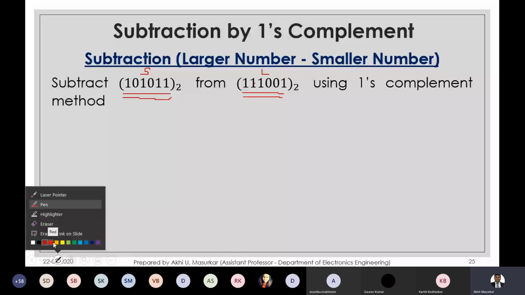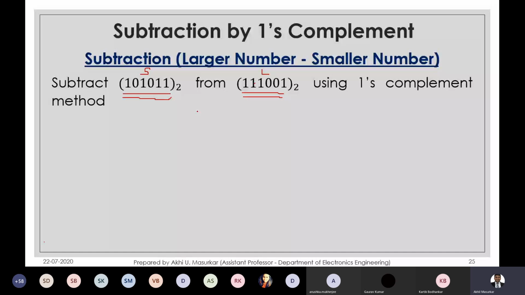Okay, so let's go ahead. Once you identify large and small, you clearly write in your own way that this is what I am going to do. So this is larger and this is smaller.